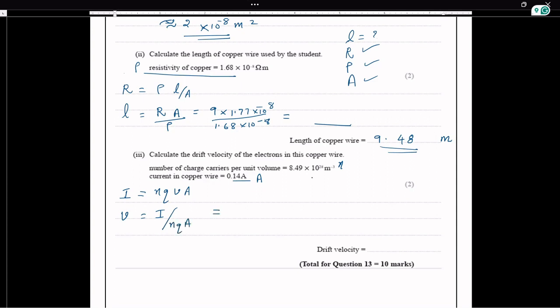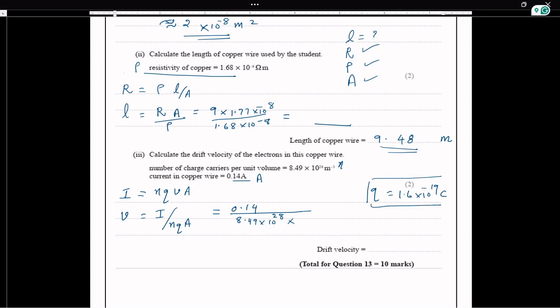On substitution, the current is 0.14 and number density is 8.49 times 10 to the power of 28 times the charge. Charge of the electron, 1.6 into 10 to the power of minus 19 coulomb. This information will be given in the data booklet.